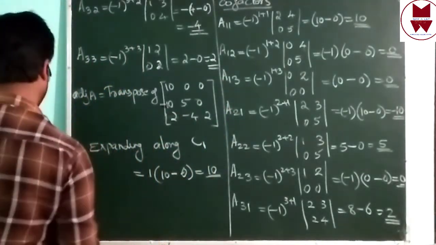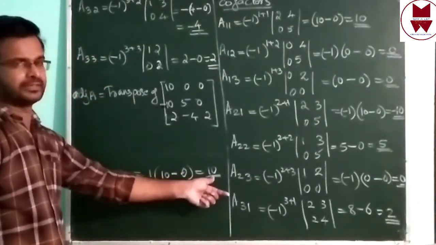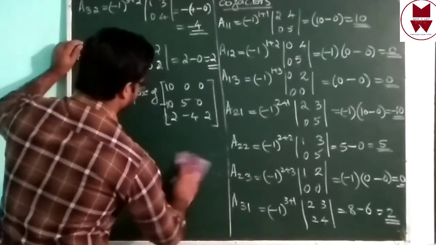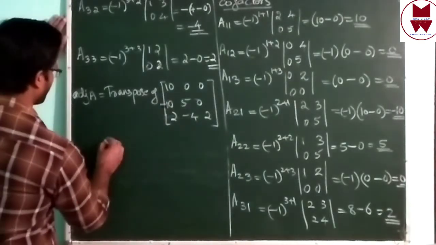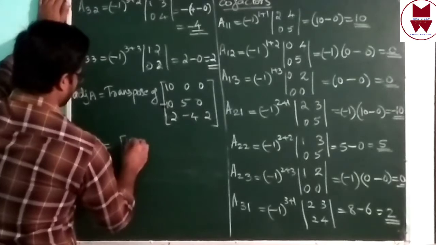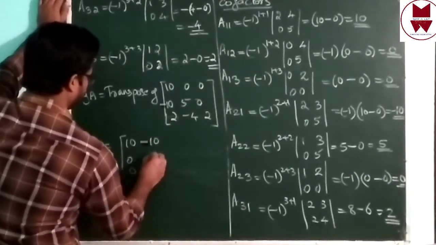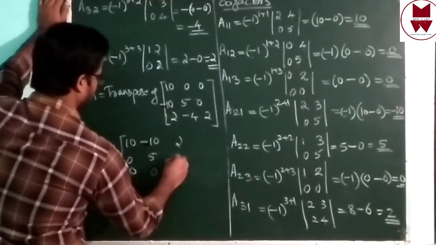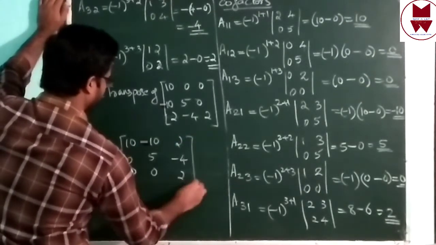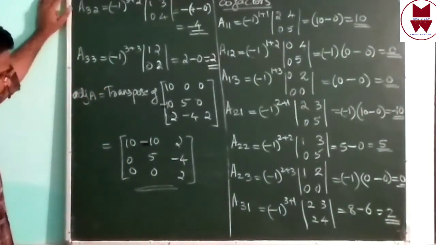We have to find out transpose. Interchange rows and columns, you will get 10, 0, 0, this one, 5, 0, 2, minus 4, 2. This is our adjoint matrix.